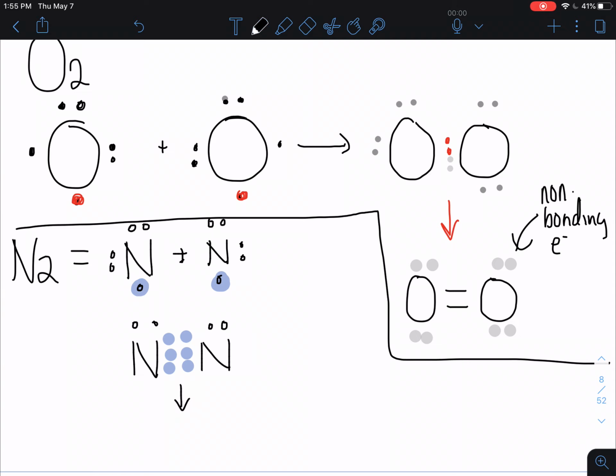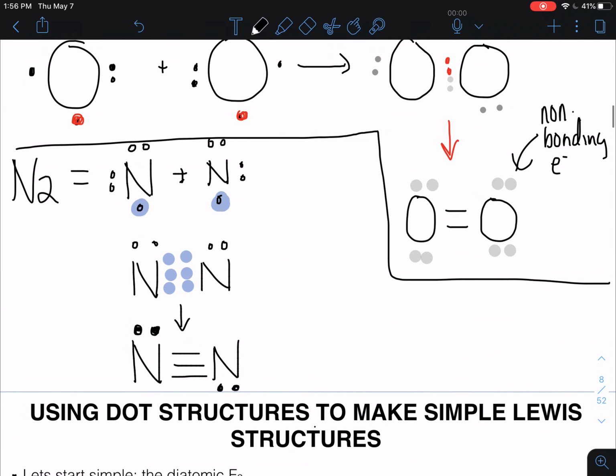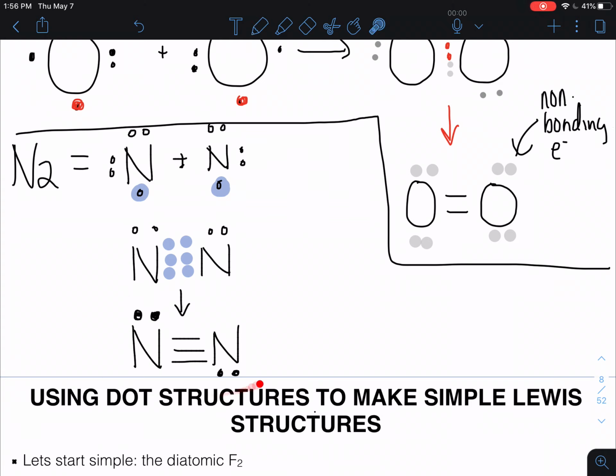So of course, when we complete our Lewis structure for N2, we draw our shared electrons as lines, and then we keep the lone pairs. There. So this is the Lewis structure for nitrogen, and this is a triple bond.